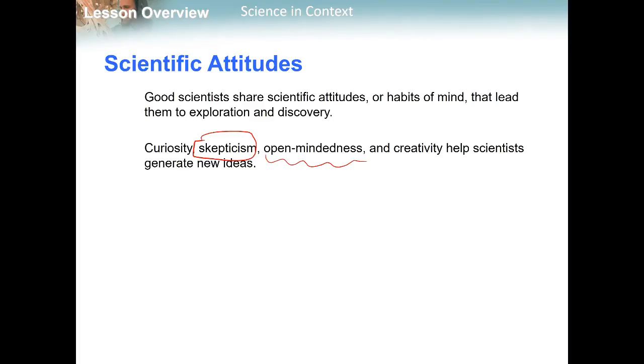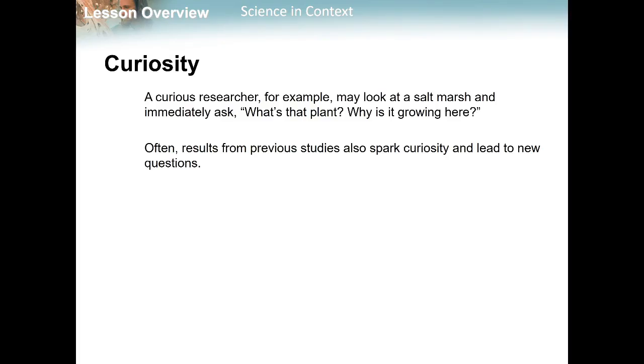And one of the things that you always have to be in science is creative. Creativity is one of the best tools scientists have to generate new ideas. Okay, so stay curious. When you see something, ask, what's that plant? Why is it growing here?